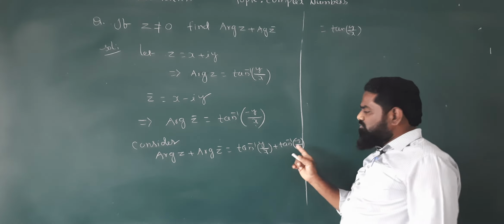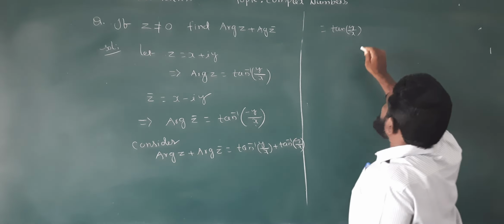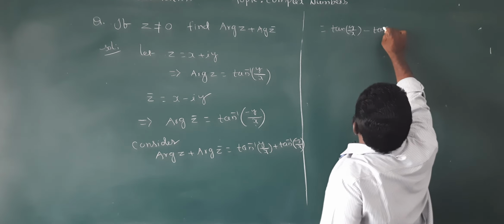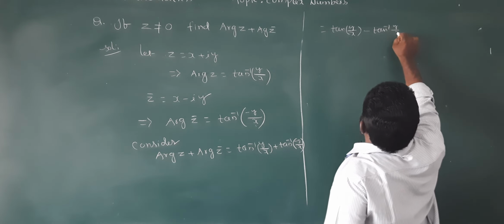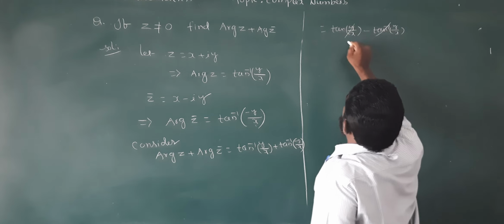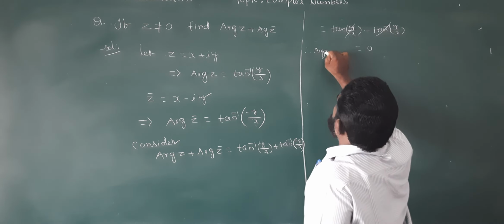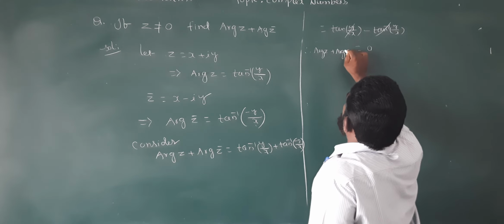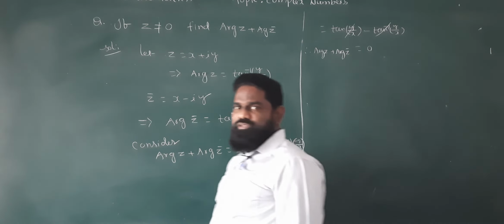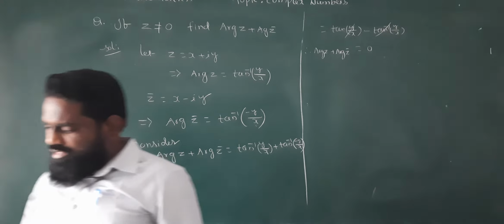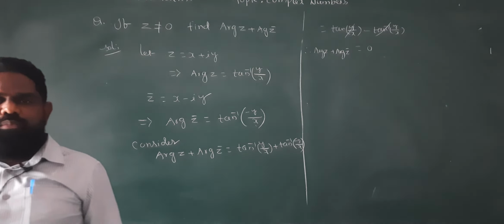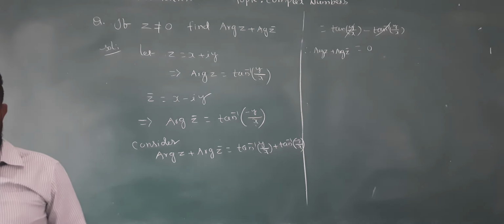Tan inverse of minus y by x is minus tan inverse y by x. Both get cancelled, we get 0. Therefore, argument z plus argument z bar equals 0. Okay, students? The remaining problems we will do in the next class.